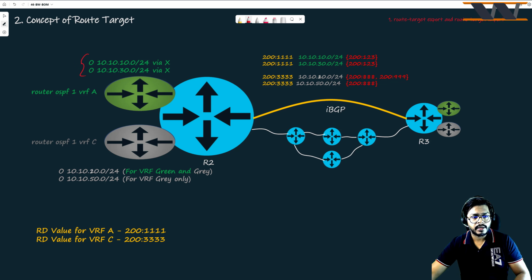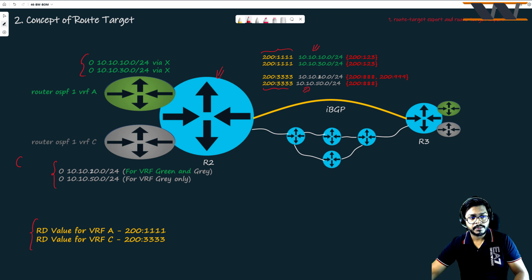We have this green route, we have these gray routes. We are attaching the RD value so that this router sends all of them. Otherwise, if we do not put the RD value, BGP is going to understand some of the routes are the same, right? So we are attaching this RD value from here. This is my green VRF routes and this is my gray VRF route.